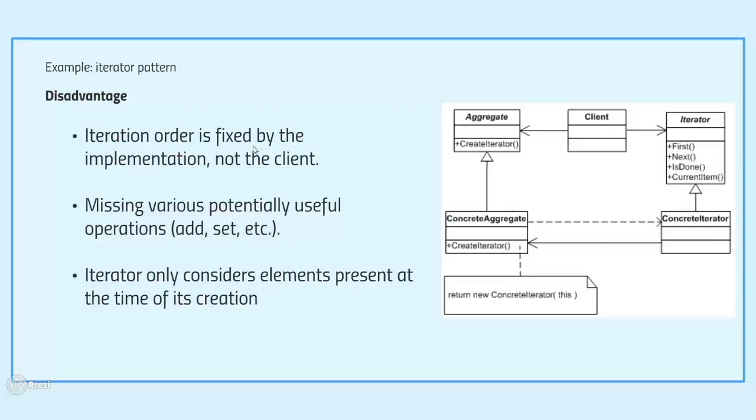Another thing is it might be missing various potentially useful operations like addition, set, subtraction, etc. One more thing is the iterator only considers elements present at the time of its creation. So if you change your implementation of your element, your iterator might not work. In that case, you have to change your iterator again.